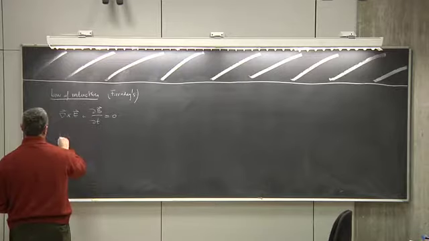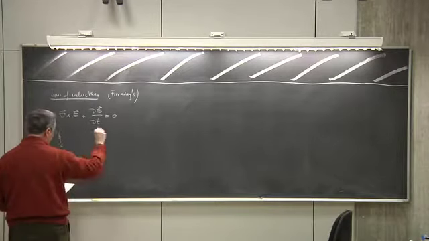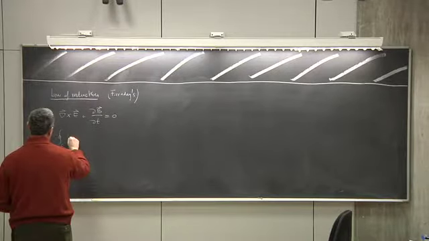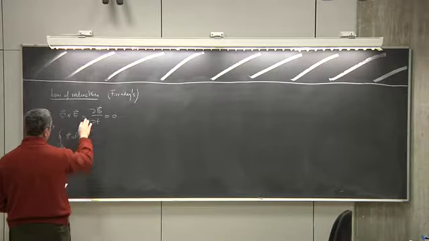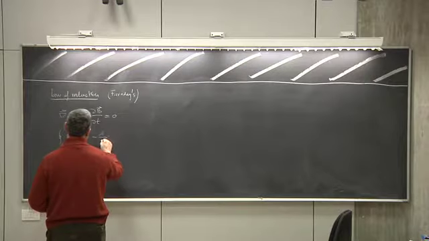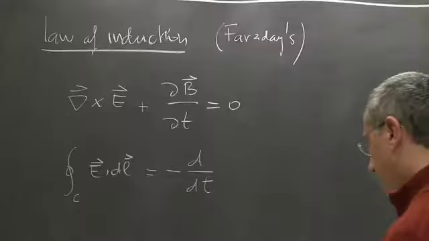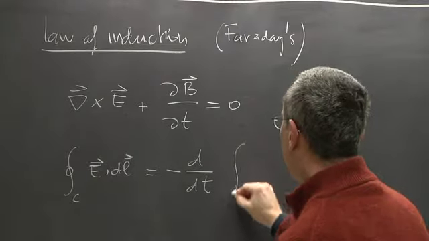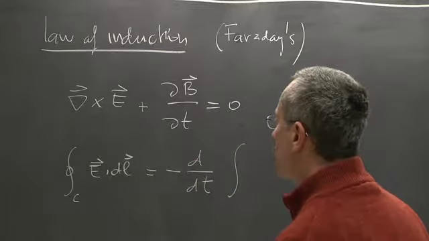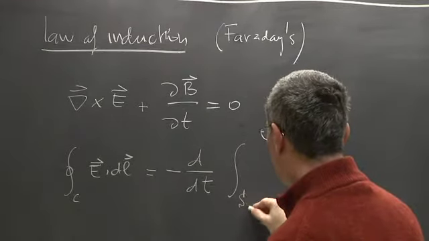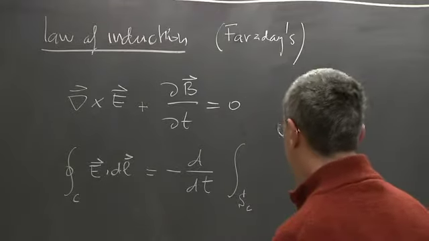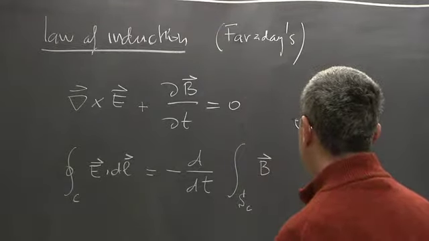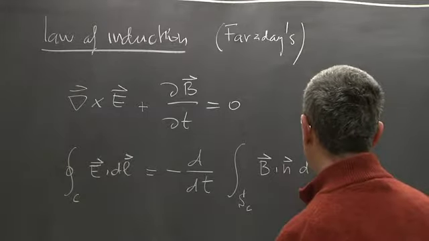You remember that if you have a curl, that corresponds to going around with the line integral of this field E along some path C. So this is the circulation of this vector field, and this, let me take it on the other side, is equal to, let's take the total derivative with respect to t of a surface integral along, let's call it S_C, that is the surface defined by this path C, of the normal component of your magnetic field, right? Something like this.